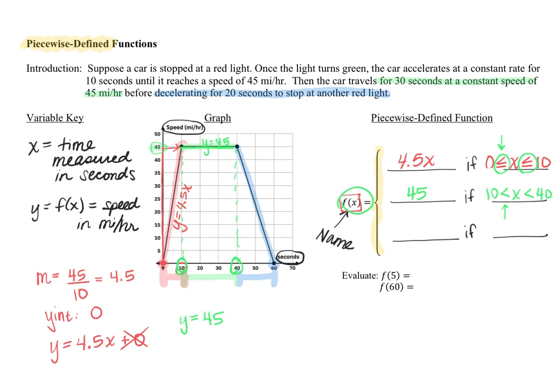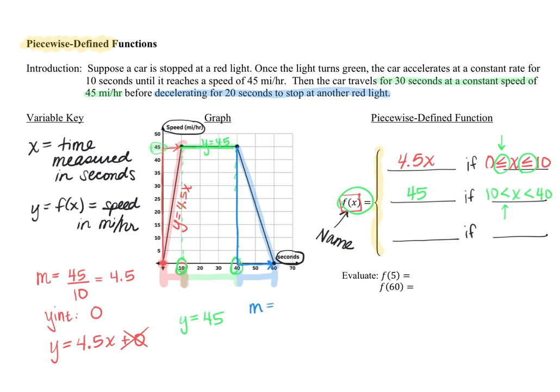Now our last piece is the blue piece. And this is the part where the car is decelerating for 20 seconds until it comes to another stop. And so now we need to consider our slope, because the slope is different here. So now we're going down a distance of 45 and to the right 20 seconds, from 40 to 60.